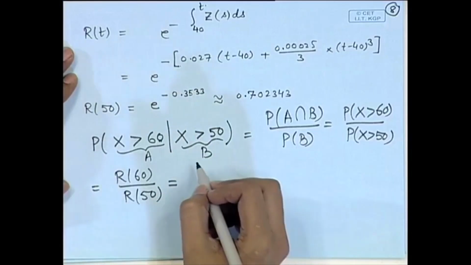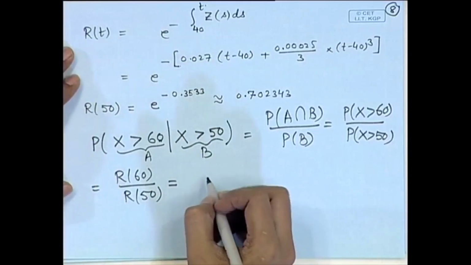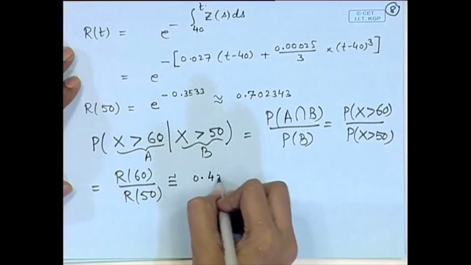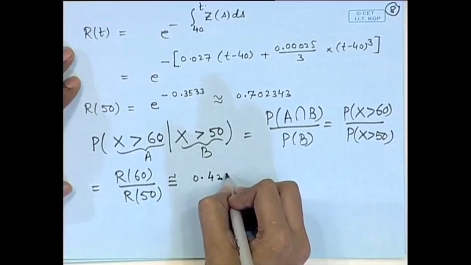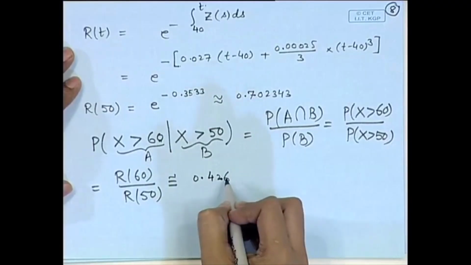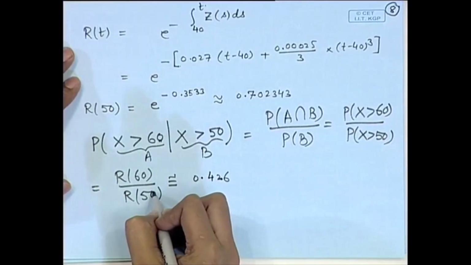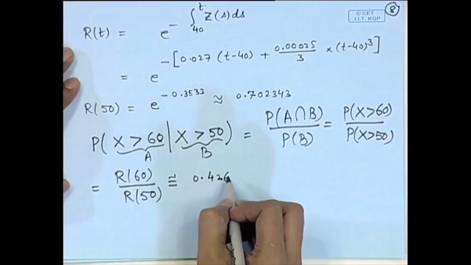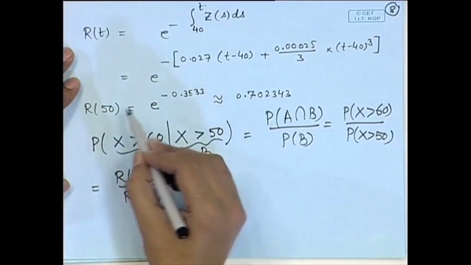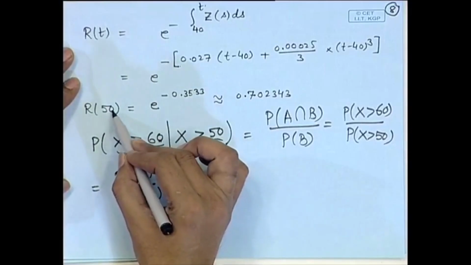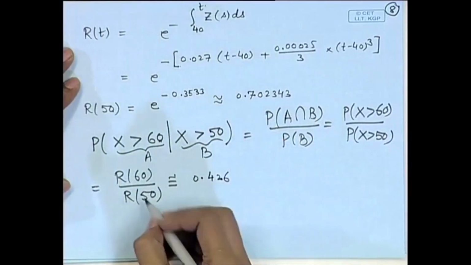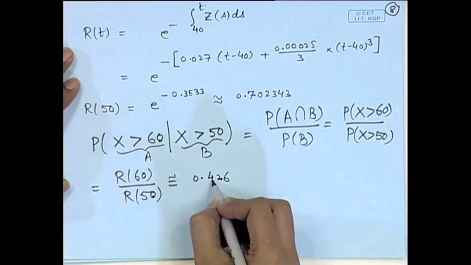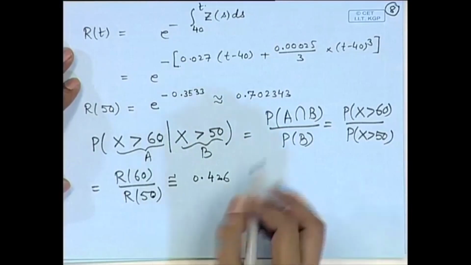After some simple evaluation, this turns out to be 0.426, which means that if he has survived till age 50, then the probability of his surviving till age 60 is about 0.4. If you see here, the probability of surviving till age 50 is 0.7, but if he has survived till 50, then the probability of surviving till 60 is 0.42.